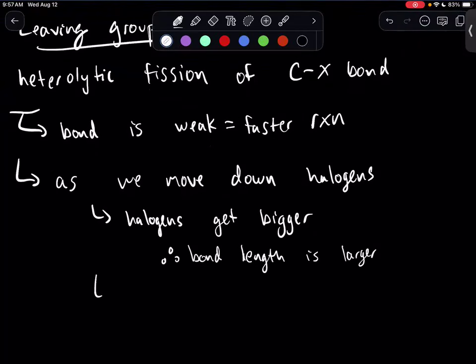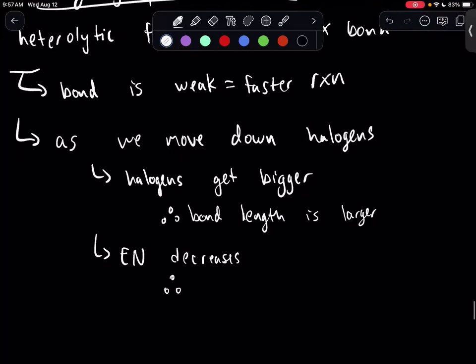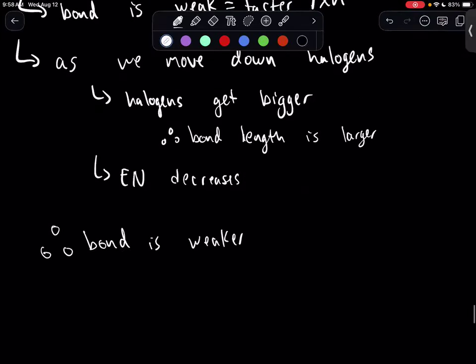We also have electronegativity decreases. And overall, I'm going to say overall, the bond is weaker. So as we move down, we get a weaker bond, meaning we'll have a faster reaction.